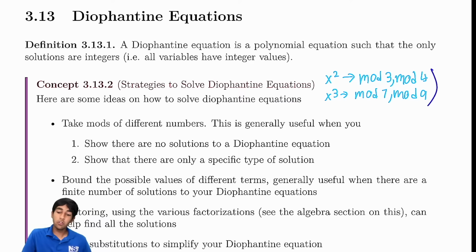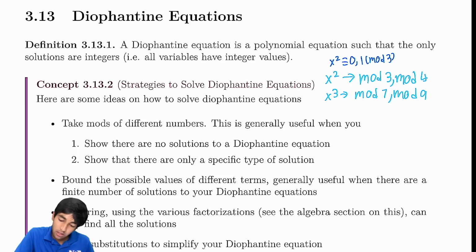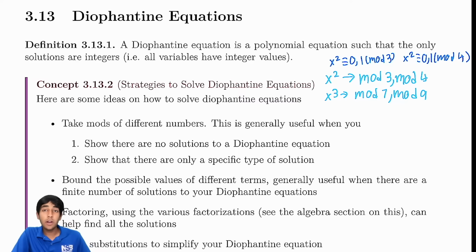These are useful because when you take these mods, there are a lot of restrictions on what x cubed is. So x squared is always 0 or 1 mod 3 and always 0 or 1 mod 4. So you see how that gives us a lot of information? Because x squared cannot be 2 or 3 mod 4. X cubed mod 7, well, what can that be?